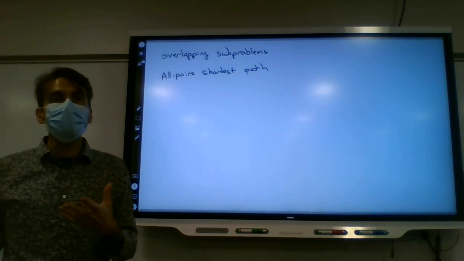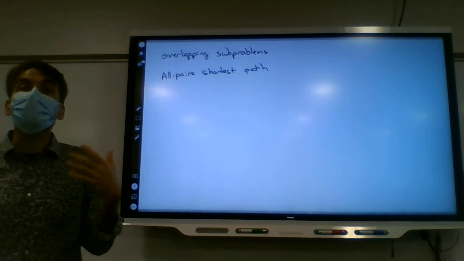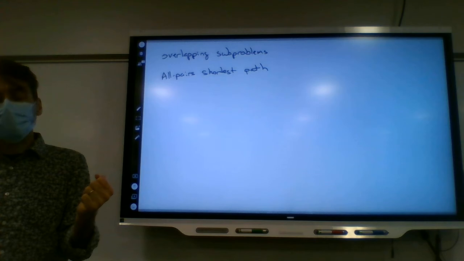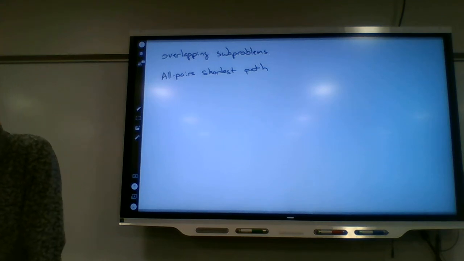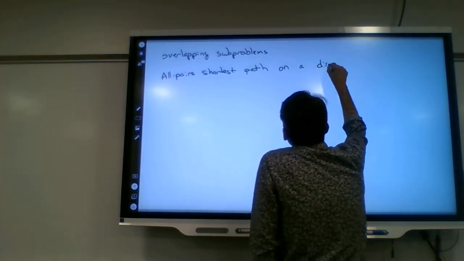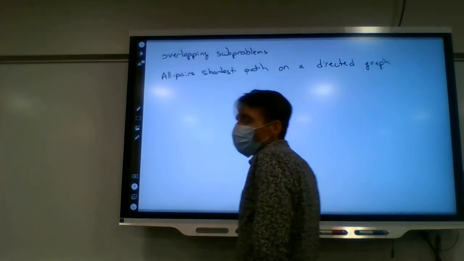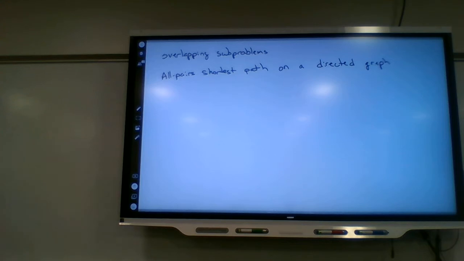It will tell us the shortest paths between all the possible pairs of vertices. So you can think of it like a matrix of shortest paths. And in our case, this is going to be all pairs shortest paths on a directed graph, although if it's not directed, it still works. But we are going to be on a directed graph, and so the end results might not be symmetric, right? The distance from A to B might not be the same as the distance from B to A.